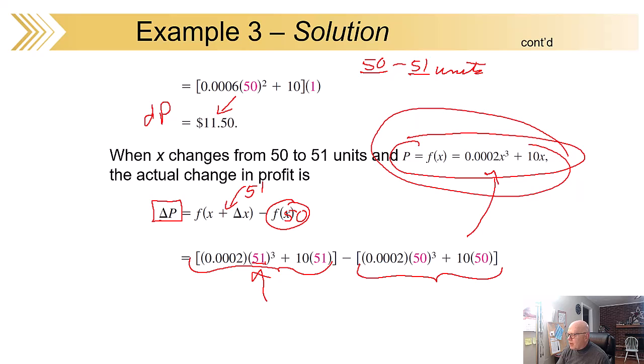And we're going to subtract and see what the difference is, what the increase is. There are two values, subtract them, and the difference is $11.53. This is the actual difference for us, delta y, or delta r in this case.